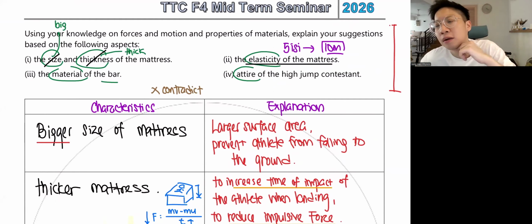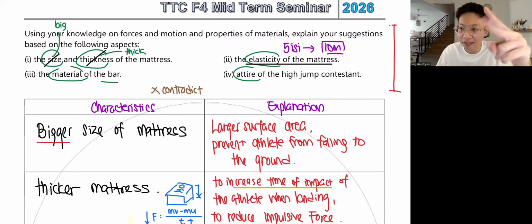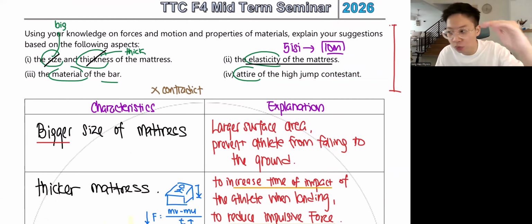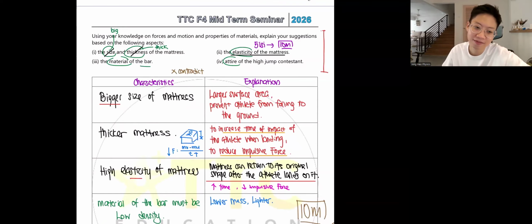Bigger size of mattress because better. But you must also use smaller mattress. So when you have two answers that fight each other, your teacher will straight away mark 0. You faham what I mean, right? So don't write contradict answer. Don't write overlap answer. Sometimes our students are very susah one. They write everything they think of, whatever they think, they just write it in.